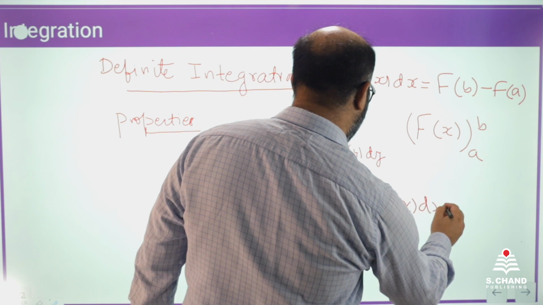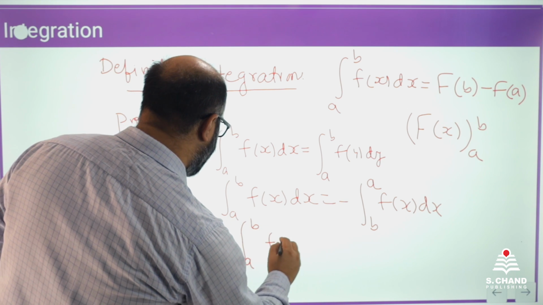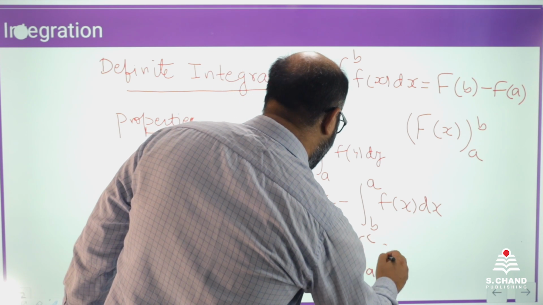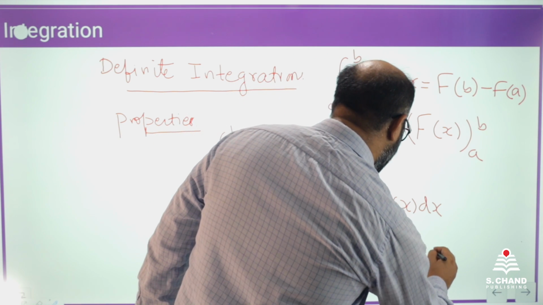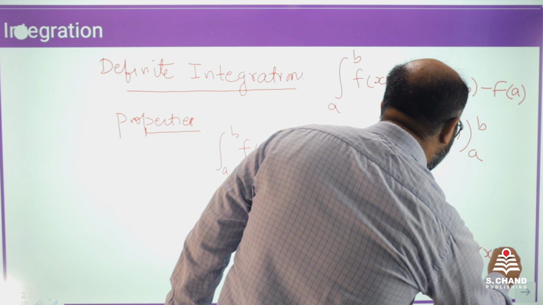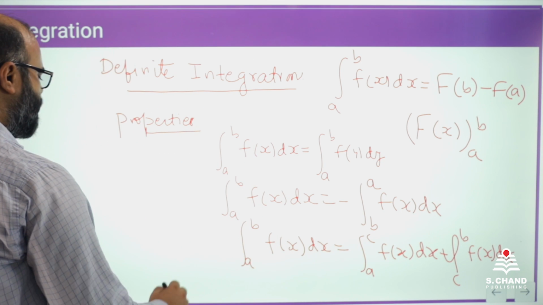We have another property which says that the integral from a to b of f(x) dx is equal to the integral from a to c of f(x) dx plus the integral from c to b of f(x) dx, like this. So we can split it. Then we have many other properties.